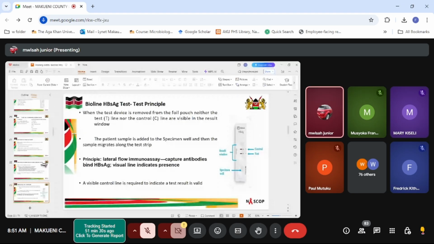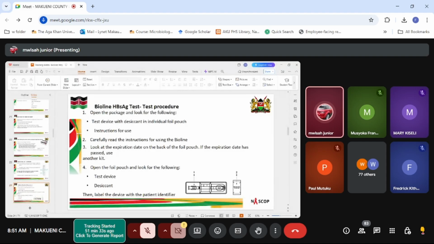The test procedure: you open the package and look for the following: test device with desiccant in a window foil pouch, and instructions for use. Then carefully read the instructions for using the BioLine. Look at the expiration date on the back of the foil pouch. If the expiration date has passed, use another kit.